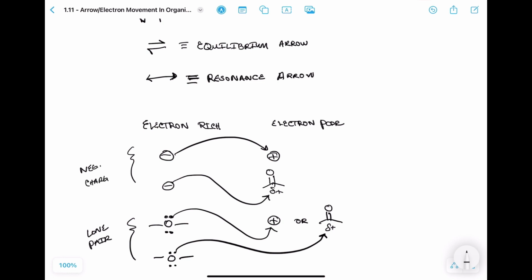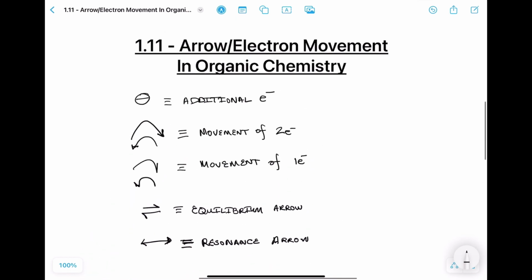Now, remember what we said about negative charge? It is representing an additional electron. There are two ways to represent that additional electron. One, you can show which atom it's on by drawing it above the atom. So we know that the additional electron in this Lewis structure is going to be on the oxygen.